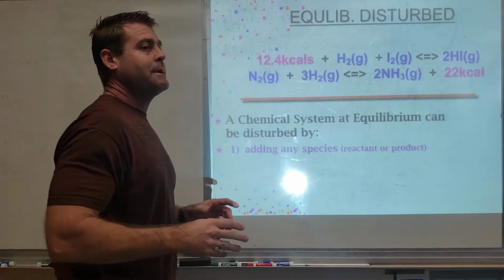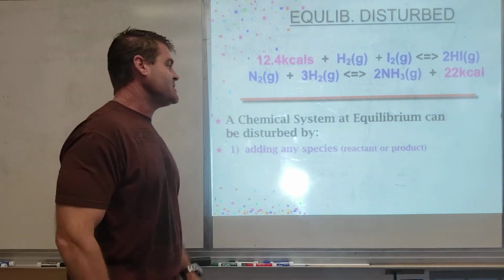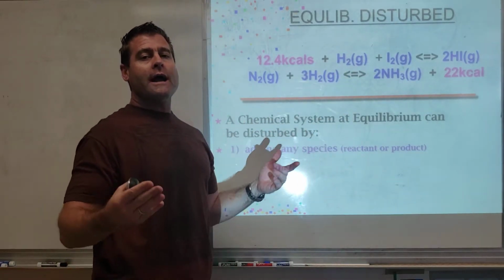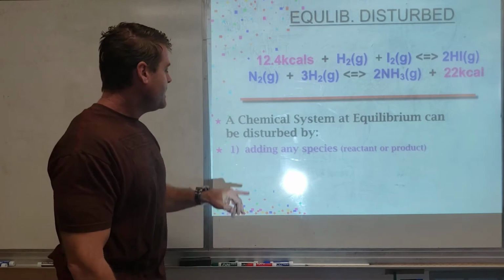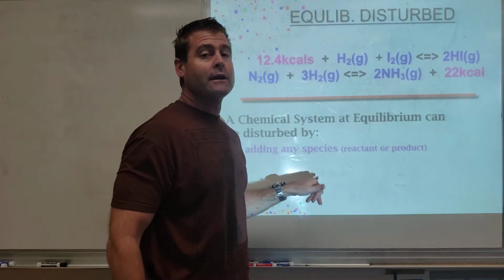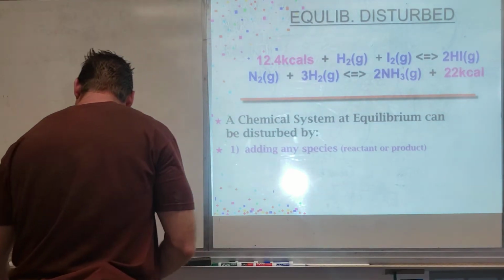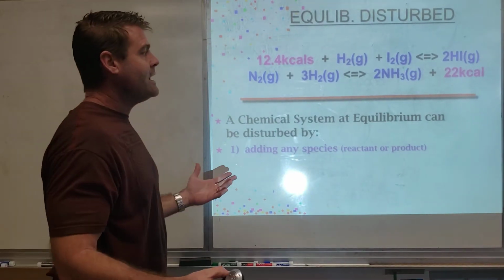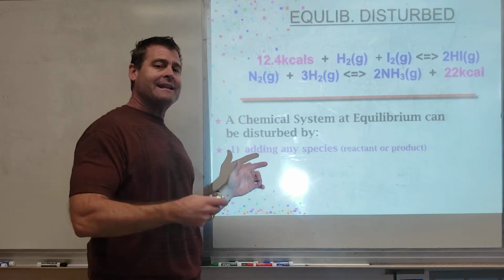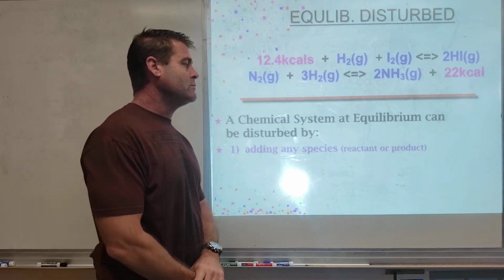So, we talked about causing a stress or a change in the system. So just imagine both of these reversible reactions are at equilibrium. Let's say we disturb it. For example, we can disturb it by adding another species, reactant or product. We can add more reactant or product. Okay? So now we want to predict what would happen to the equilibrium if we add some more to that closed system.